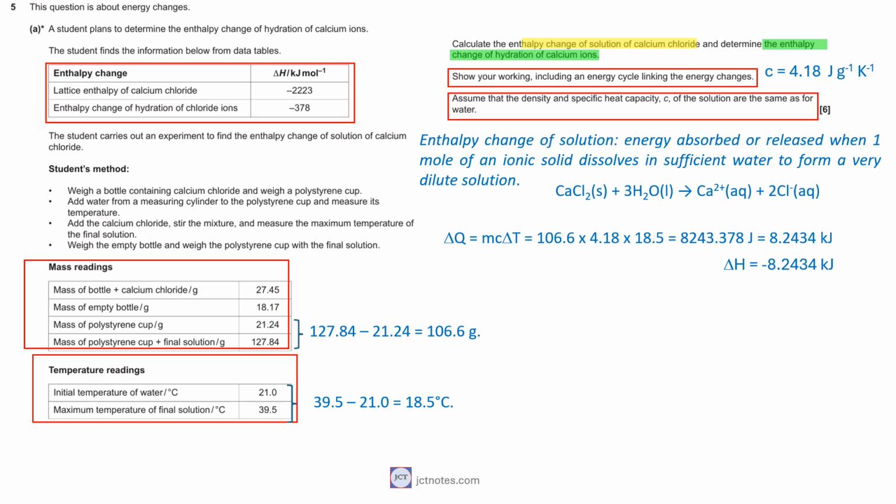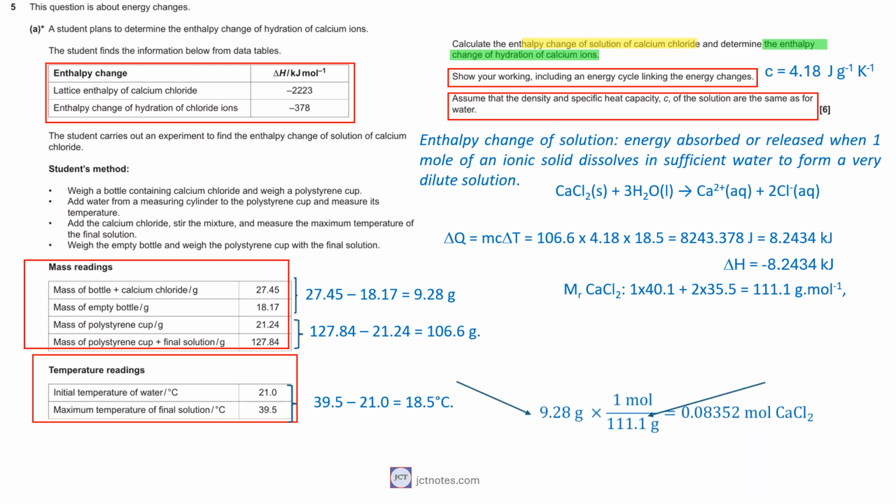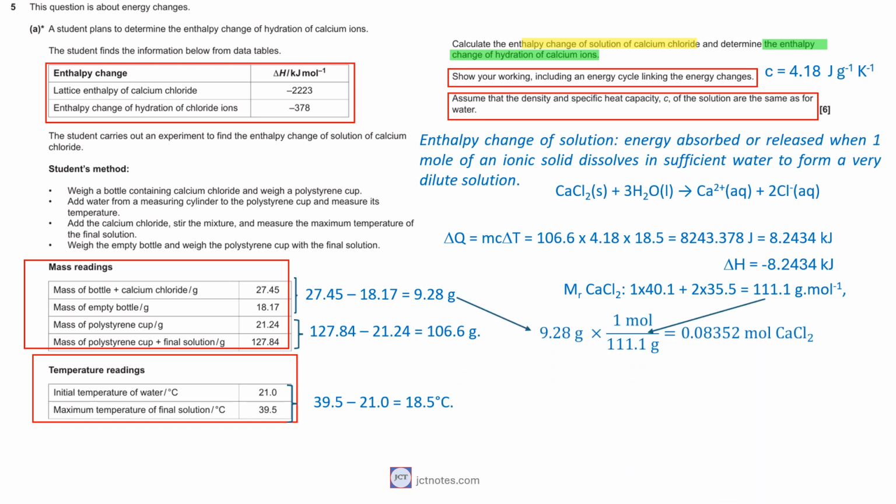However, this quantity refers to 27.45 minus 18.17 equals 9.28 grams of calcium chloride. We need to change to kilojoules per mole. The molar mass of calcium chloride is 111.1 grams per mole and 9.28 grams of calcium chloride is 0.08352 mole.